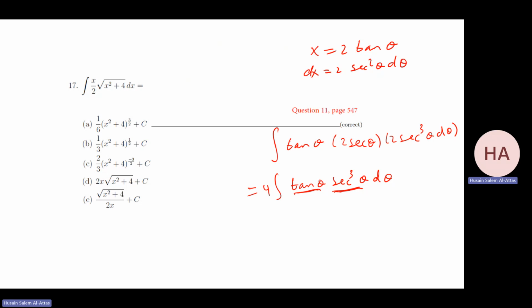Okay, let me think about it. I have tan theta times 2 secant times 2 secant square. What is this? This is 2 secant square. So tan secant cube.